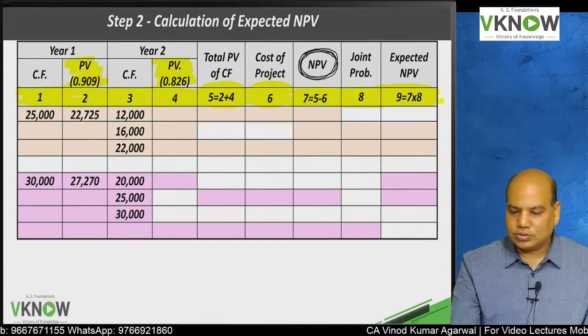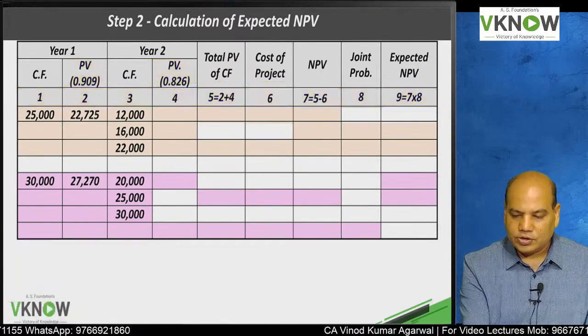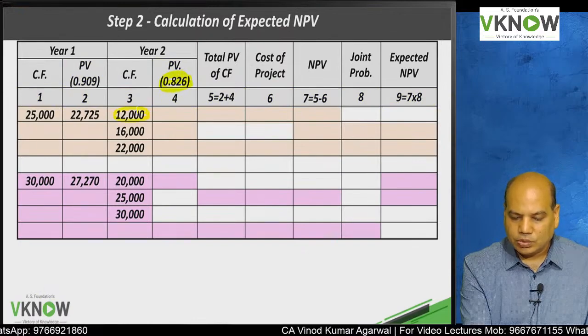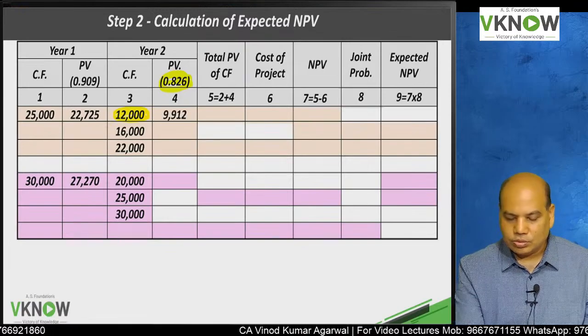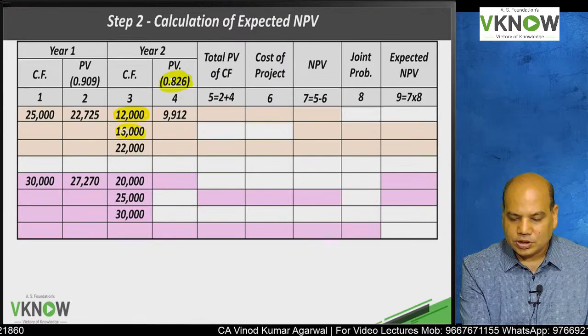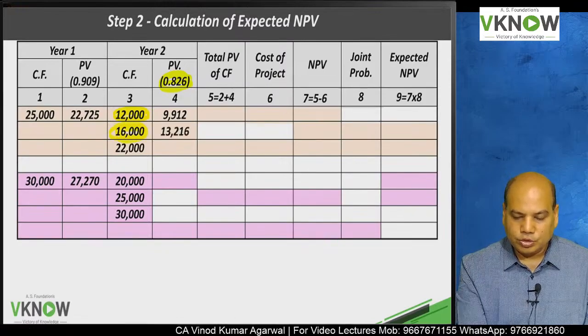Now shortcut to calculate present value. First you type 0.826 into 12,000 equal to 9912. Now just type 16,000 equal to 13216.